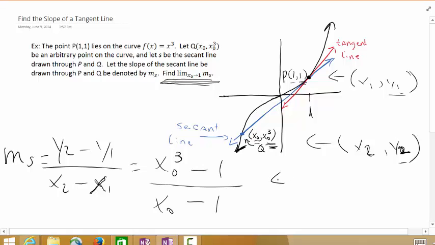So this expression here represents the slope of the secant line.